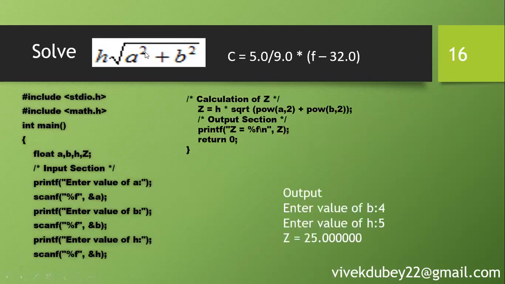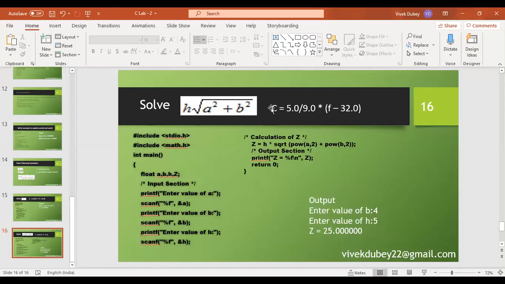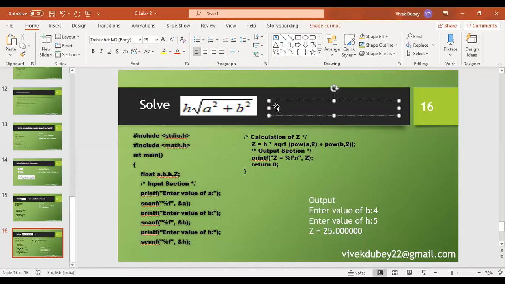Now we have this complicated formula. So here we have to write, not it. This is the wrong concept. I have to use here what? H. This is the H. Then this is the multiply. Here we have H multiply.